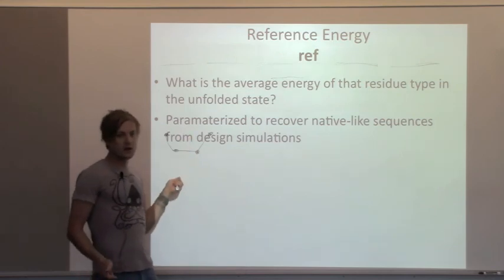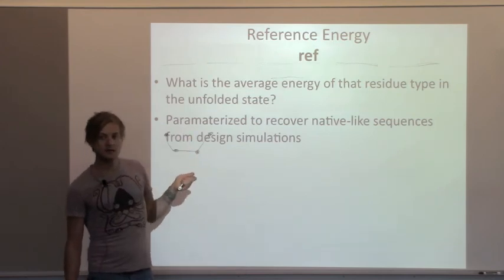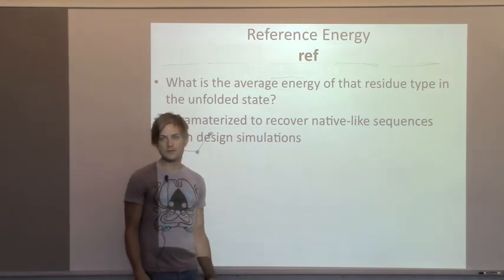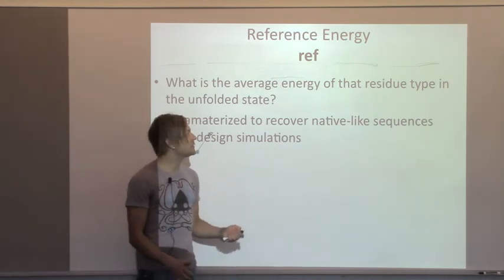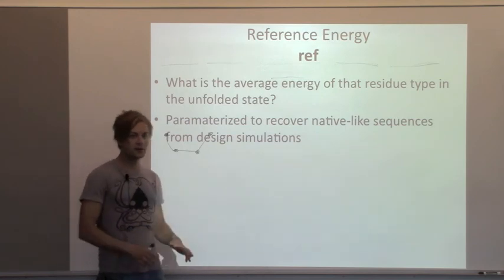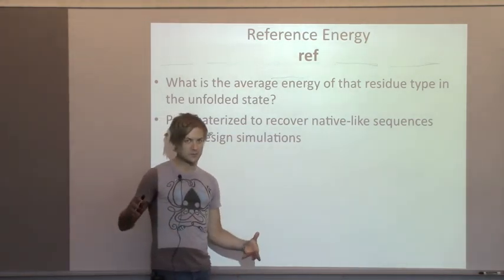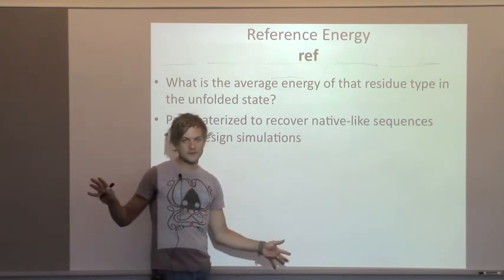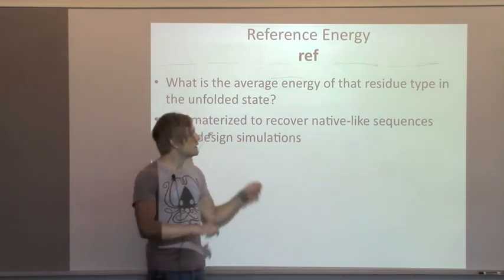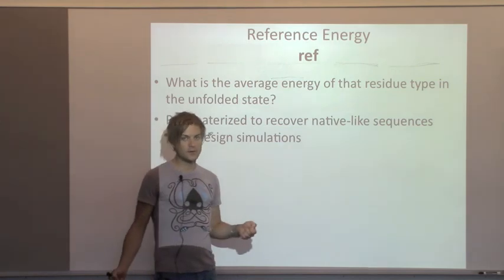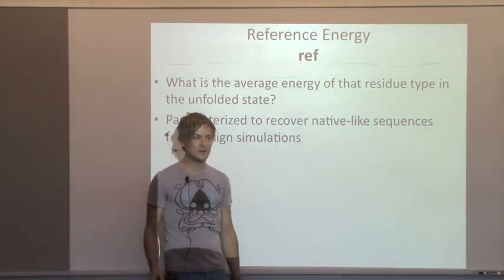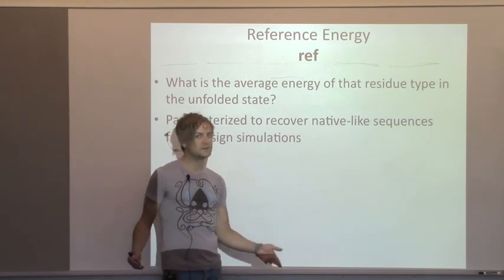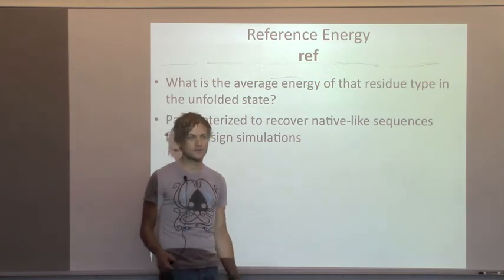What these actually are is just 20 calibration factors, 20 fudge factors that we use for each residue type, and we calibrate them by taking a large set of high-resolution protein structures, running all-residue design on them, and then tweaking those 20 numbers to recover the native sequences the best we can. And we just assume that, for better or worse, those are the best numbers that we can come up with for the reference energies.